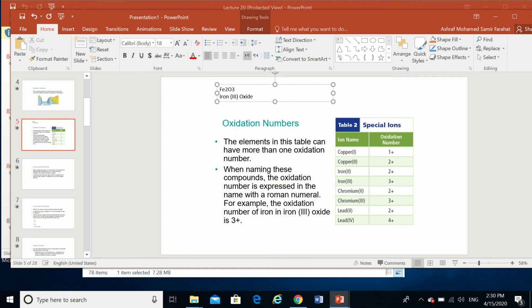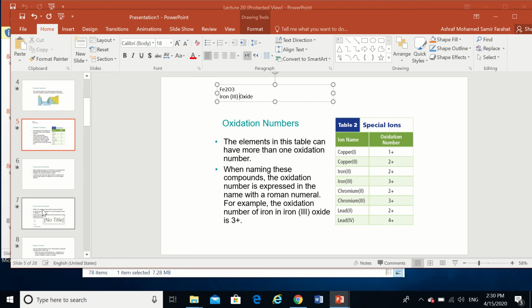I will write iron 3 oxide and not the iron 2 oxide, right? So it means that the iron with the oxidation number 3 is the one that had participated in this compound. Okay.